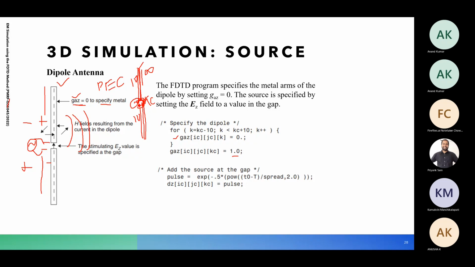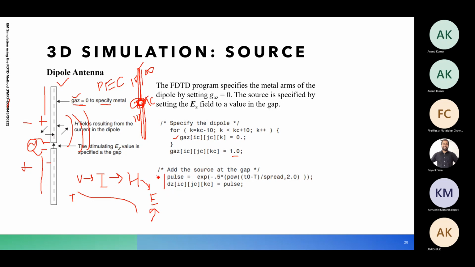Within this point, we will give an electrical source. We could have gone through this process of using a potential difference to calculate the current, and using this current to update the H field, and then this H field would have acted on the electric field to act as a source. But instead of going through all these steps, we directly feed the value to the electric field over here, like how we have done.